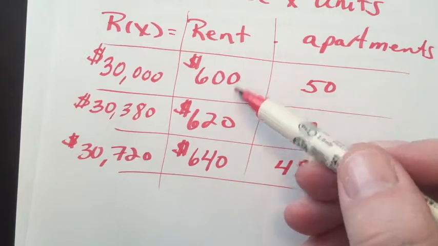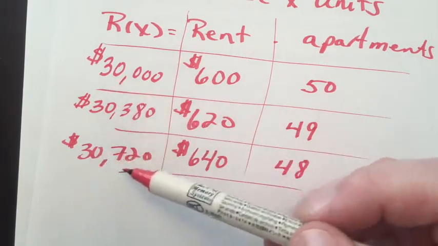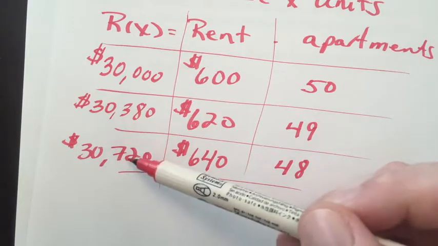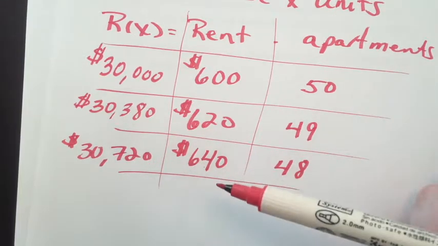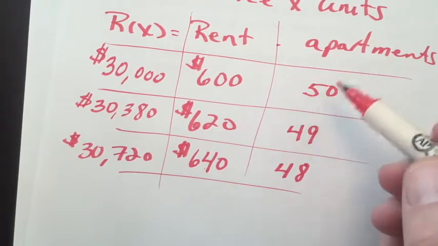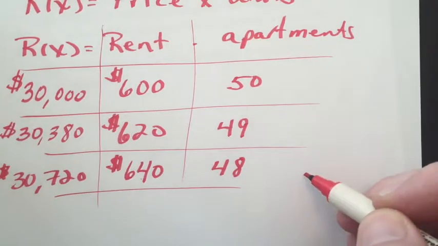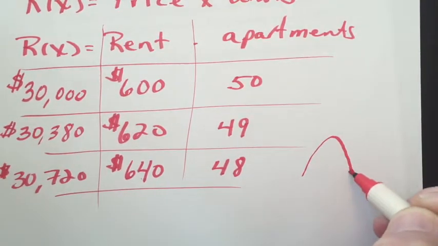So you might start thinking to yourself, well, if I can get $30,000 or $30,720 if I charge $640, why don't we make it $1,000? The problem with this is that at some point you're going to price yourself out of the market, and that's why we're going to have a parabola.